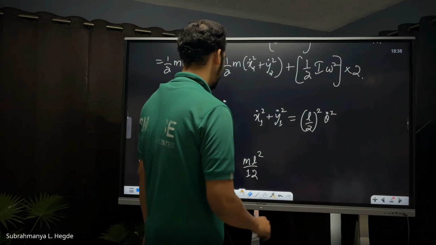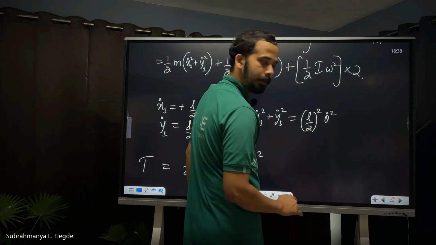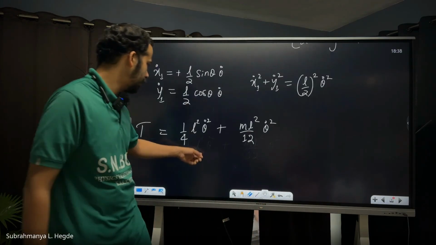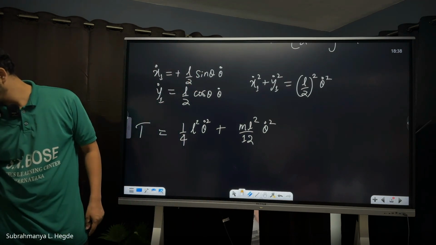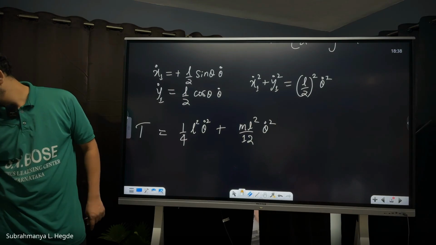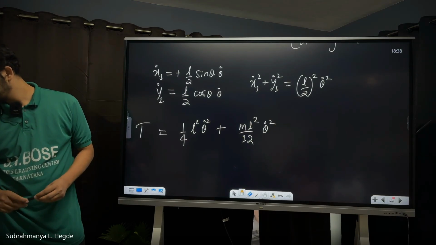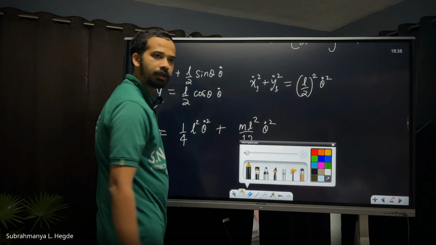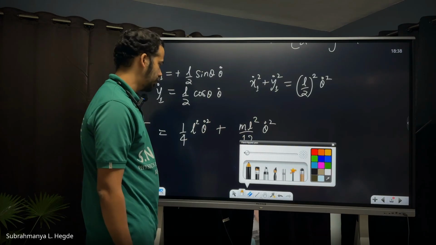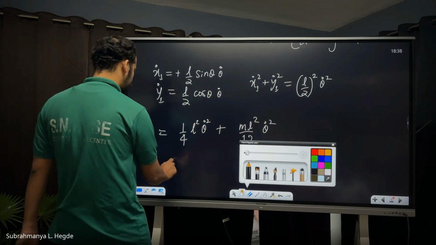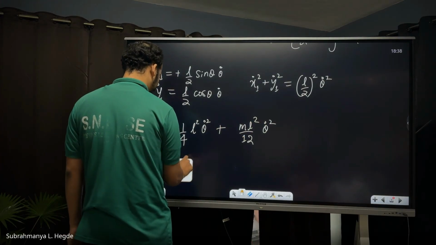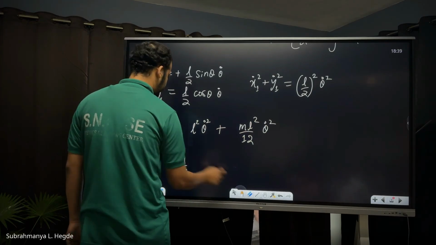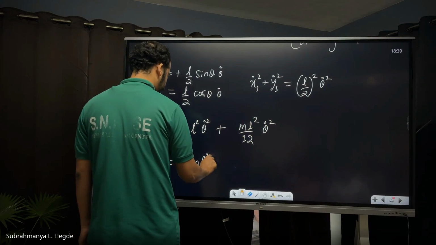What is omega square? Theta dot square. Fine. Now can you take the LCM? What will you get? 1/4 plus 1/12 is 1/3. So 1/3 of M L square theta dot square.